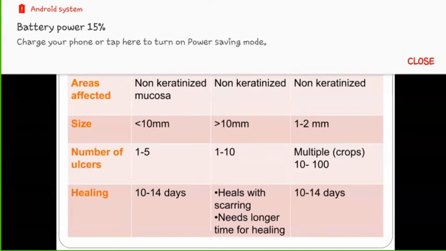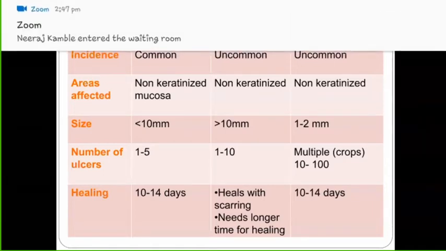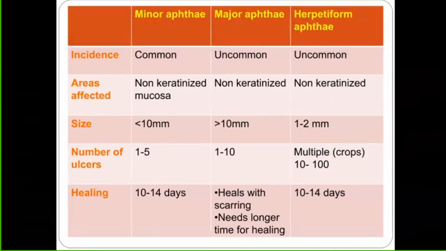Size: less than 10 mm is for minor aphthous and more than 10 mm is for major, because they are major, they are bigger in size, and herpetiform are very small in size, but the number is very large. That means minor ulcers are hardly 1 to 5 in number, major would be 1 to 10, but when you have herpetiform ulcers, you have those pinpoint 1 to 2 mm ulcers, but they are in crops, like even 150 can be there.